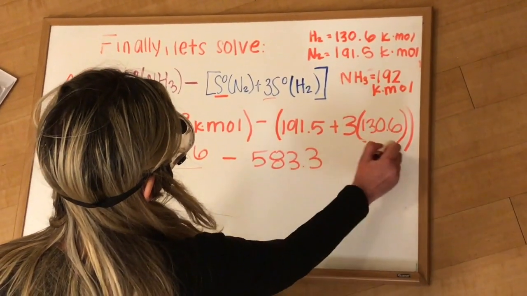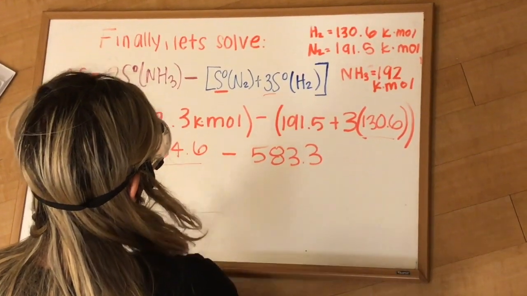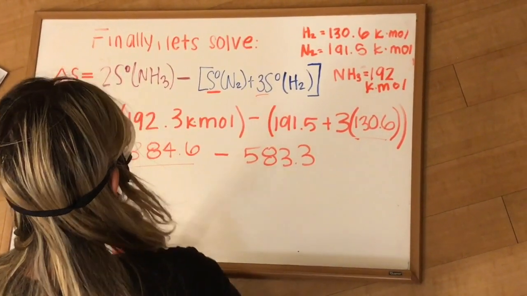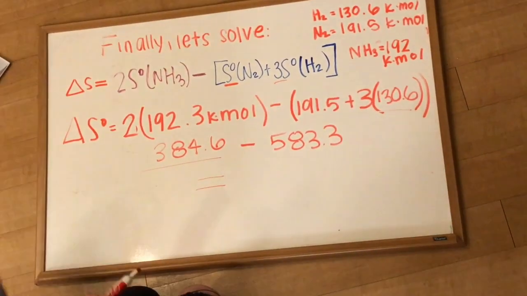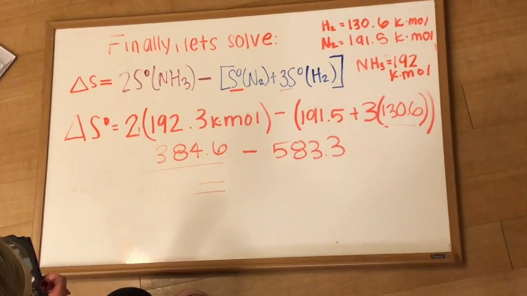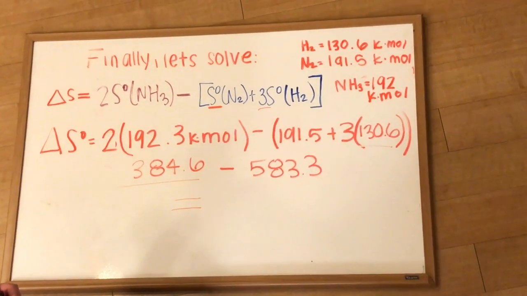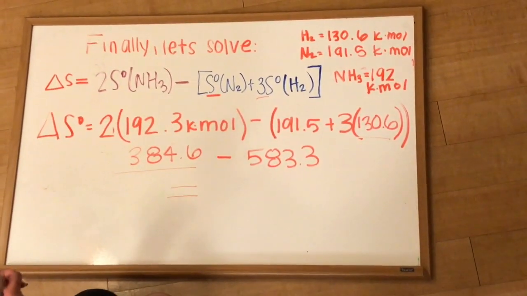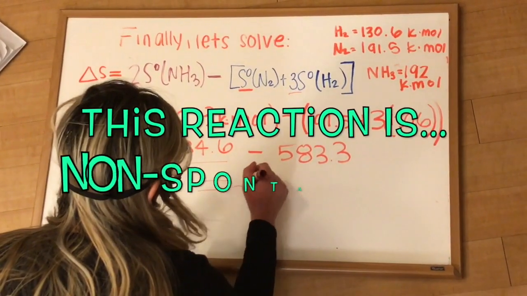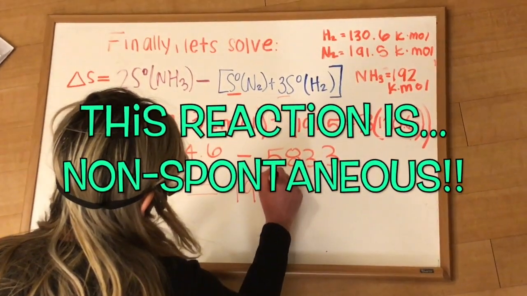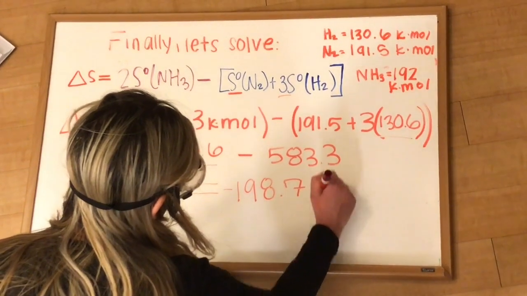When we solve for this part, we get 583.3. Now, 384.6 minus 583.3 equals negative 198.7 joules per mole Kelvin.